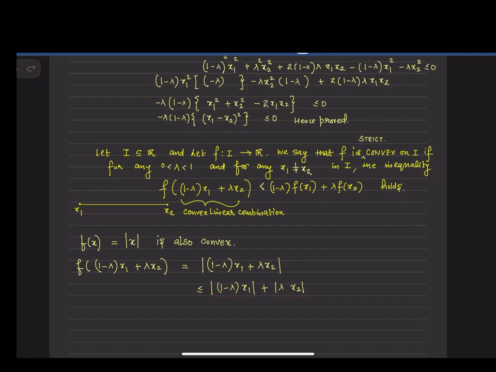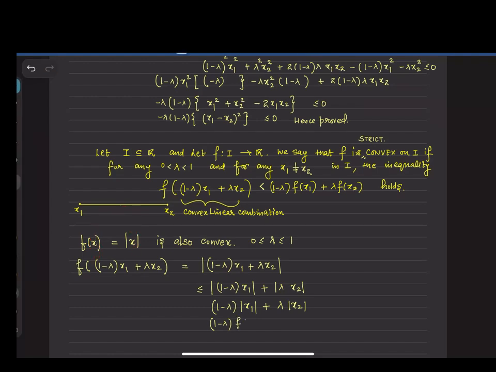Now since lambda is less than or equal to 1 and greater than or equal to 0, this term is automatically positive. So there is no need of that mod. So this is 1 minus lambda, and the mod remains only on x1. Similarly, lambda is also non-negative, so the mod is not needed, and the mod remains only on x2. 1 minus lambda as it is. What is mod of x1? This can be written as f of x1, because if x was here, then with mod it came here. If here there is mod of x1, then here it is x1.